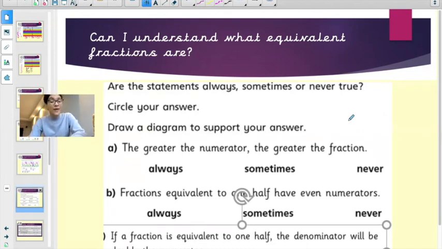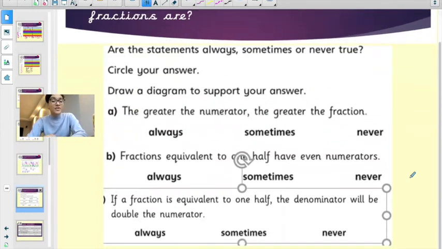Part B, fractions equivalent to 1/2 have even numerators. So the numerator is always an even number. Is that always the case, sometimes the case, or never the case? And then lastly, if a fraction is equivalent to 1/2, so equal to 1/2, the denominator will be double the numerator. Is that always the case, sometimes the case, or never the case? Have a go at answering those for me.